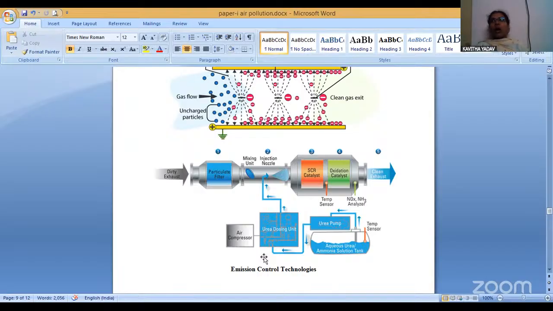Only some amount of dust is stopped. After the particulate filter it is still called dirty exhaust, because only 10% of the dirtiness of the exhaust will be removed in this first chamber, the particulate filter. The remaining part enters the next chamber.